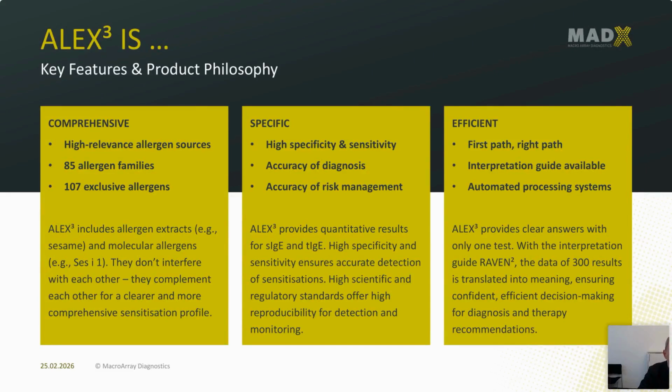The test is specific as it provides quantitative results for both specific and total IgE, and this high specificity and sensitivity ensures accurate detection of the patient's sensitization profile. And finally, the Alex 3 provides a clear answer with only one test result, so it's quite efficient. We have an integrated interpretation software which helps translate these results into meaning and also supports decision making with regards to therapeutic steps and personalized allergy management.